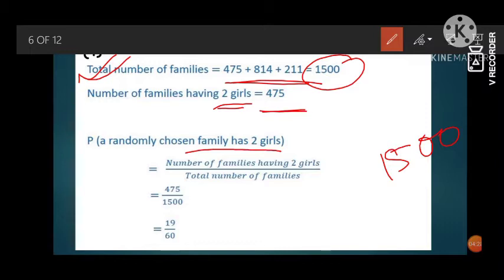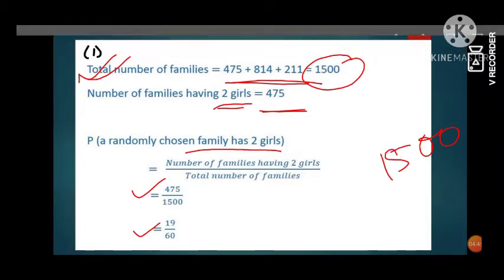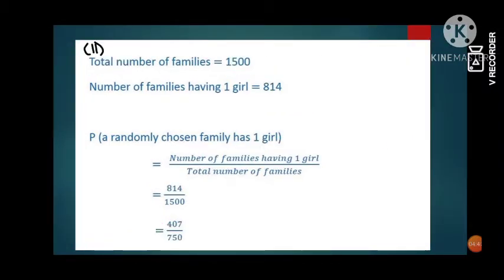The number of families having 2 girls is 475 by the total number of families, 1,500. So if we do simplification, that means if we cut, then we will get 19 by 60. So this is our first subpart. The second subpart says that we have to find the probability of having 1 girl in a family.